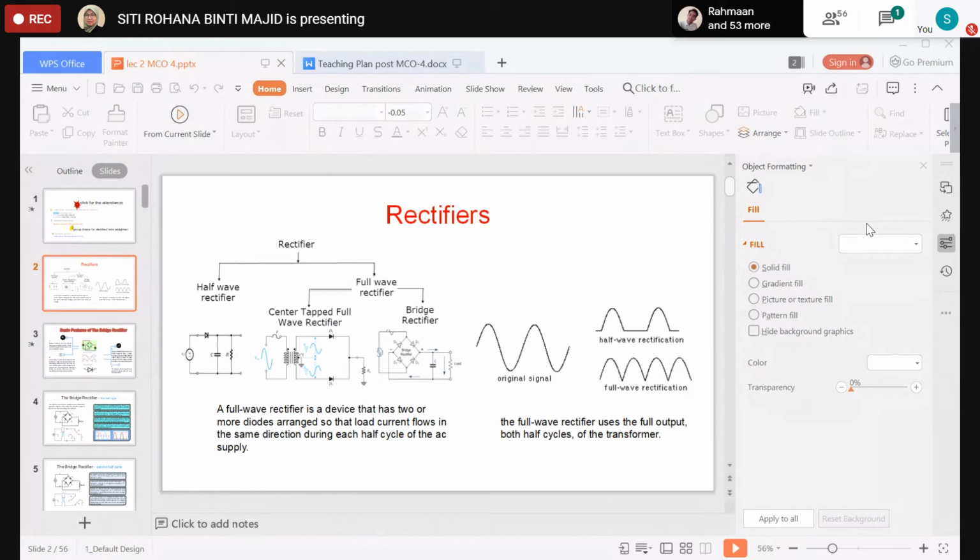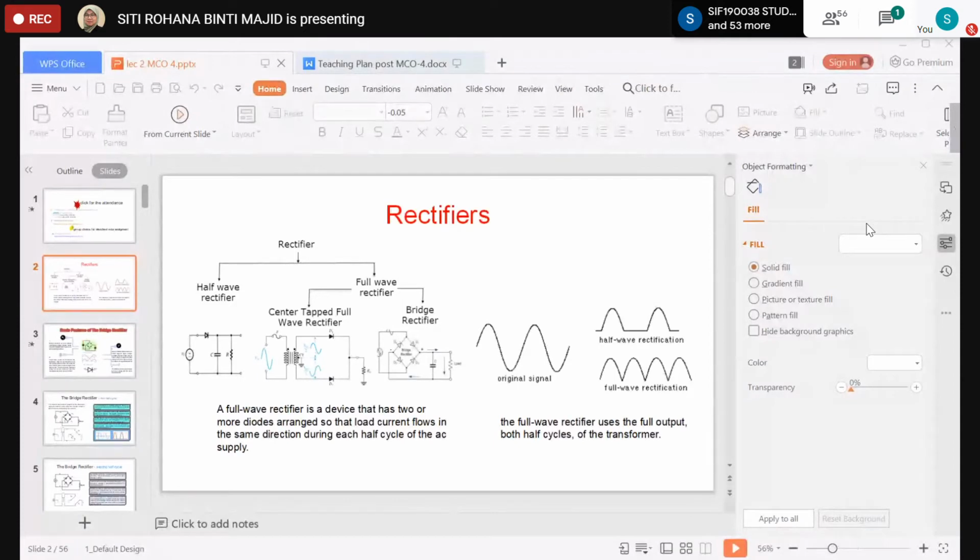From this slide, even though they are grouped into one type of rectifier, the full wave rectifier, in terms of configuration, in terms of electrical connection, they are different. The center tap full wave rectifier has two diodes attached together, but the bridge rectifier has four: one, two, three, four diodes, connected in one circuit.